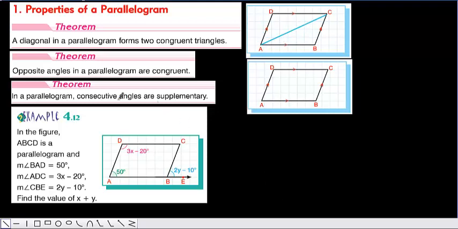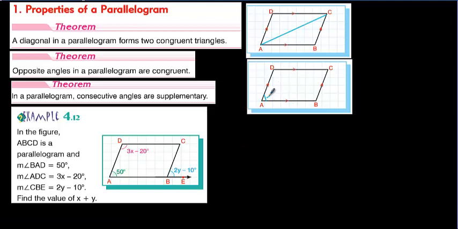And the second one: opposite angles in a parallelogram are congruent, which means if I name this one as alpha, this is also alpha. If I name this one as beta, then the opposite of that one should also be beta.